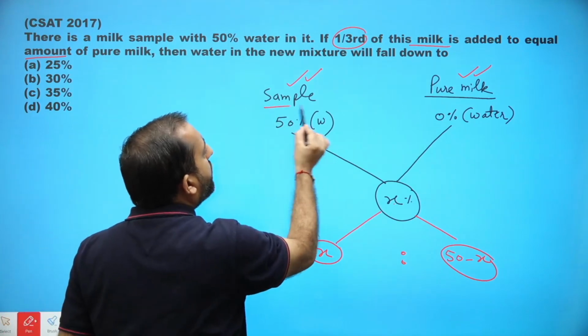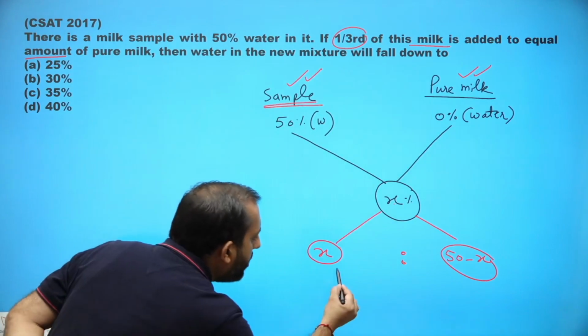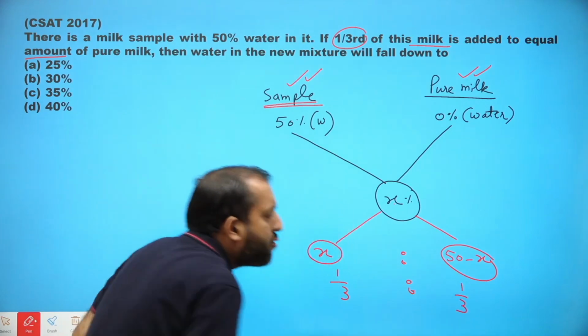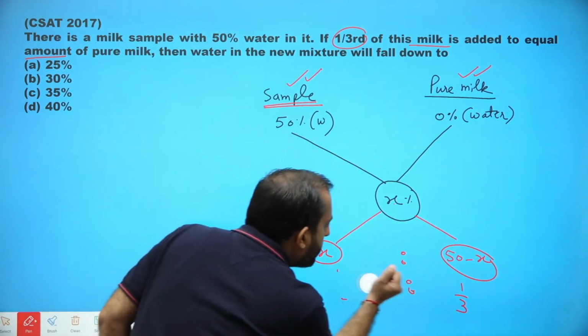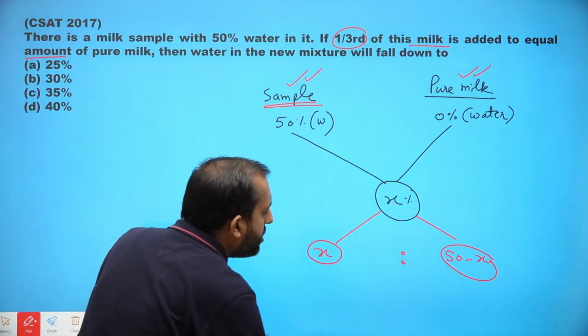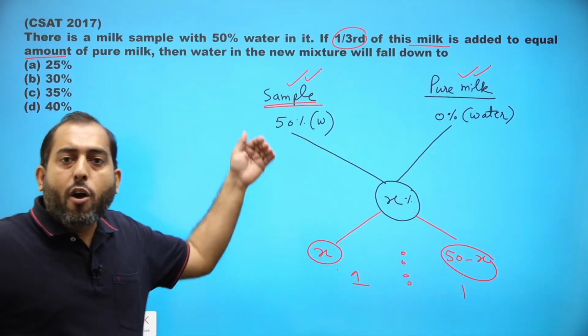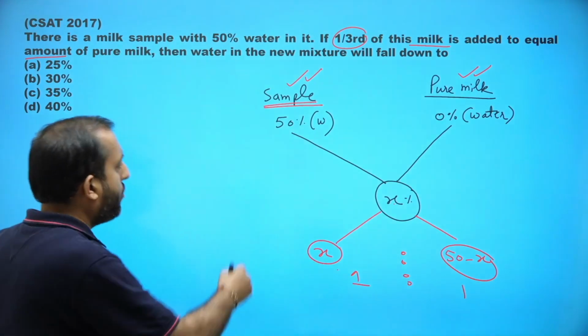So the amount of sample taken and pure milk is the same. If 1/3 sample is taken, then 1/3 milk should be added. So what is 1/3 is to 1/3? It is 1:1, simple. Equal quantity of sample and pure milk has been added, so the ratio is 1:1.